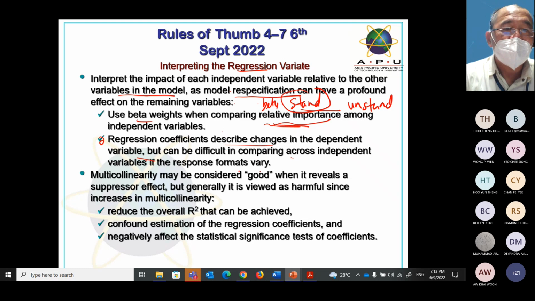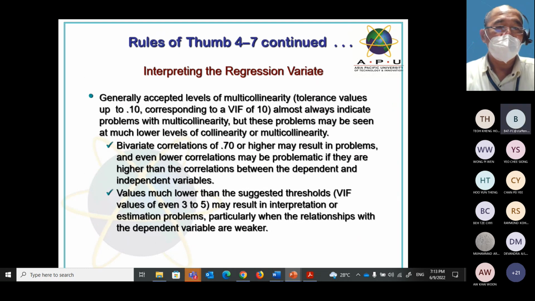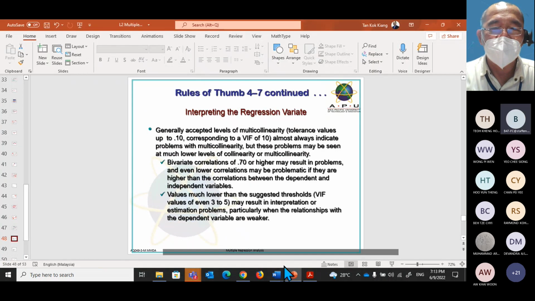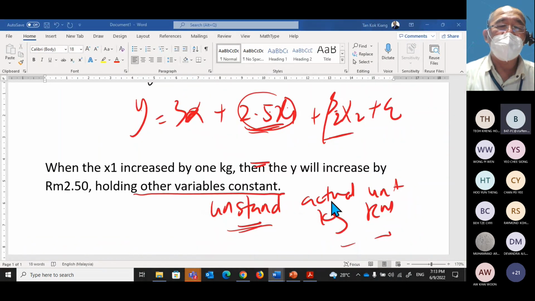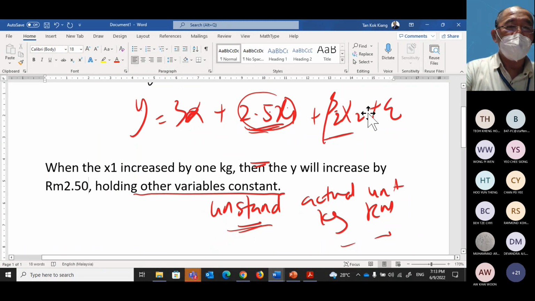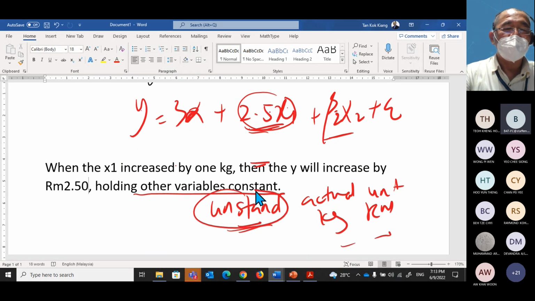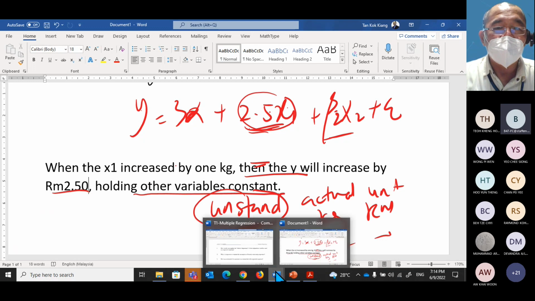Sorry, sir, just to make it clear, do we use the unstandardized to interpret or the standardized to interpret? Here, all is unstandardized. Standardized is for us to compare which one is more important.